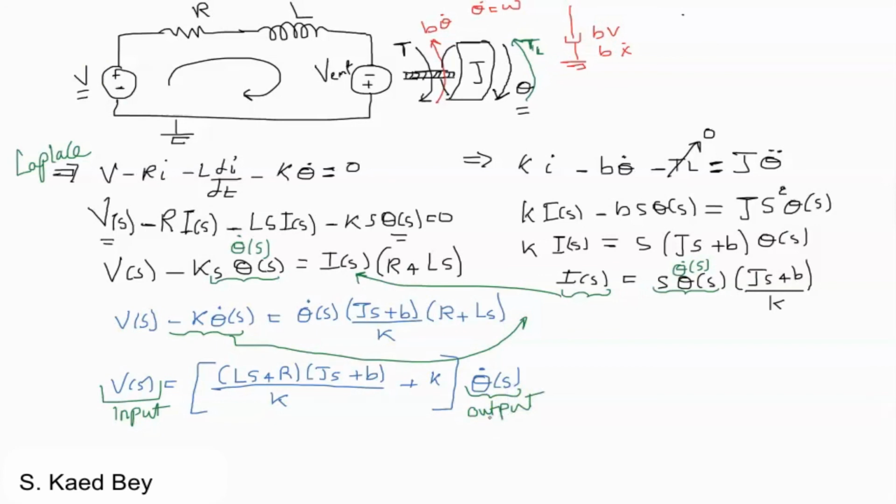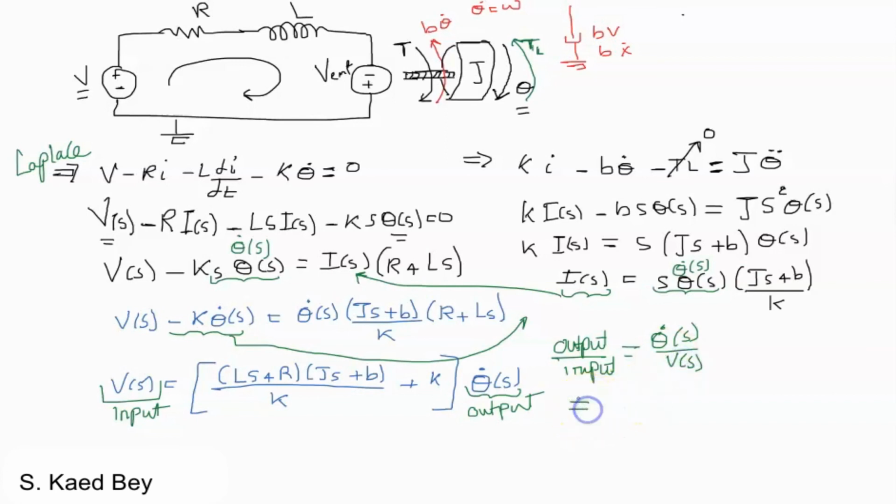To write this transfer function, we have to write it as output over input, equal to theta dot(s) over V(s).